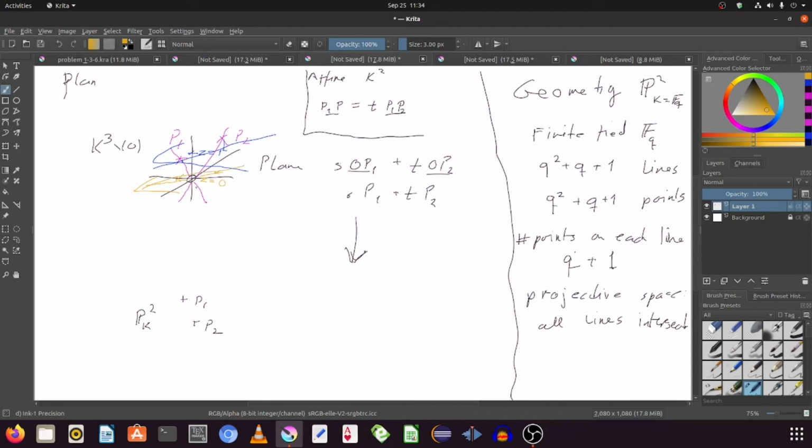And then, no, it has to, doesn't it? Now that's a little weird. The intersection of this plane, it must go through the center, of course. And so they must be collinear. How can that be?